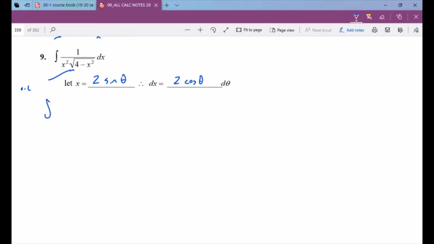What we have for our integral is the integral of 1 over 4 sine squared theta. When I square x, it's 2 sine theta times 2 sine theta, so that's 4 sine squared theta, times the square root of 4 minus 4 sine squared theta. dx is 2 cos theta d theta.